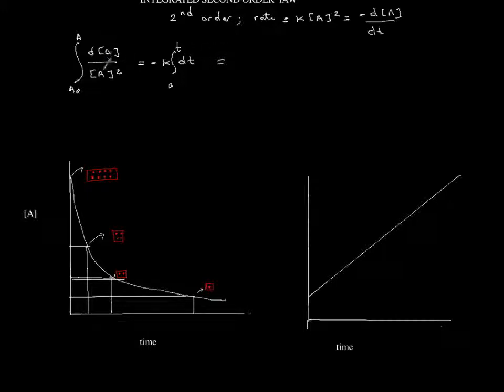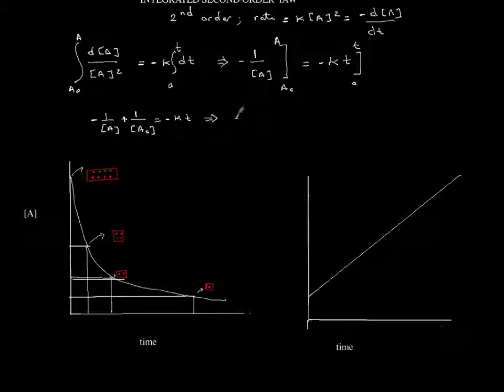Now this is 1 over x squared, or x to the minus 2, and when you take its integral it is minus 1 over A, with limits of A0 to A. On the other side you have minus kt from 0 to t. So here you have minus 1 over A, minus and minus becomes positive, 1 over A0 is equal to minus kt.